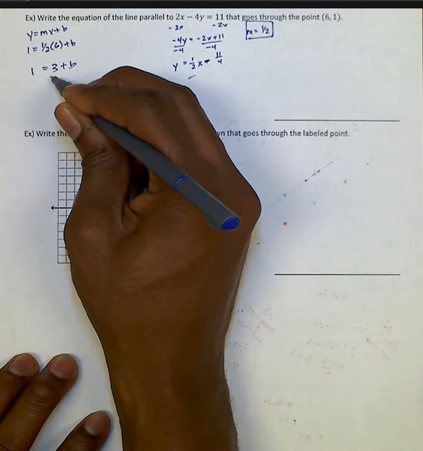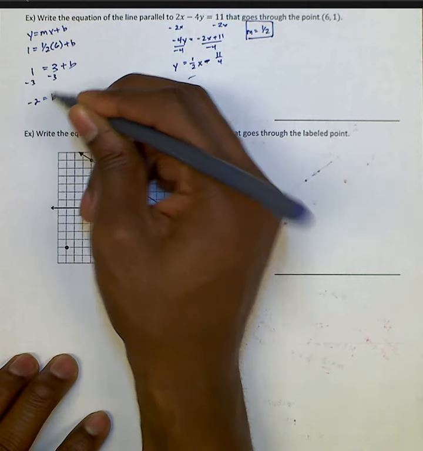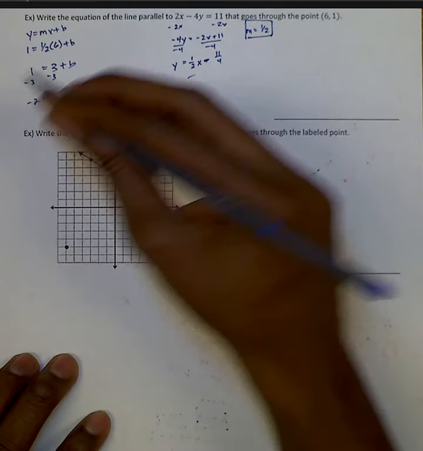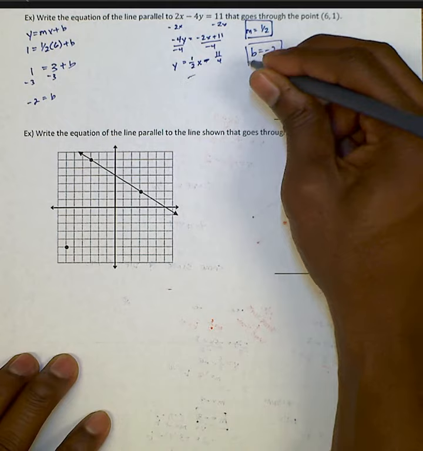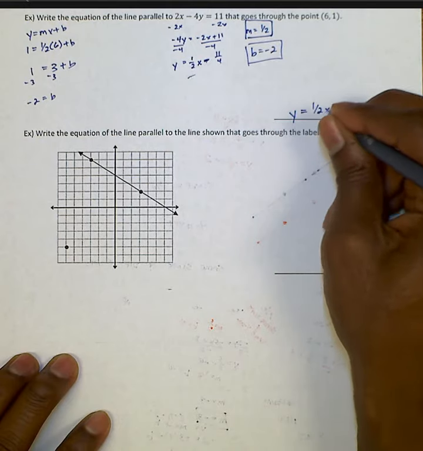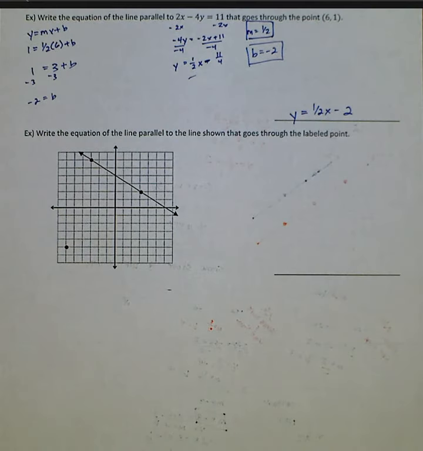Subtract 3 from both sides so I can solve for b. And b is negative 2. So now I have my slope, I have my y-intercept, y equals 1/2 x minus 2.